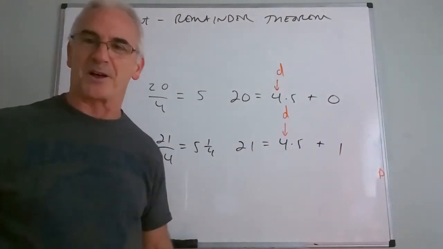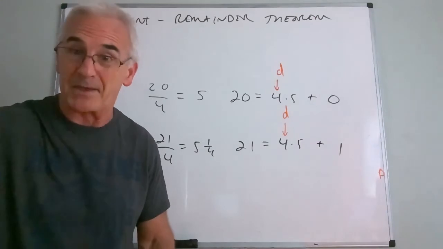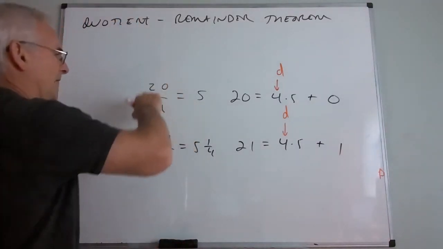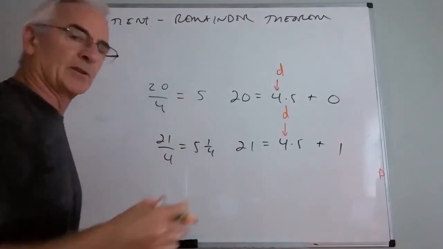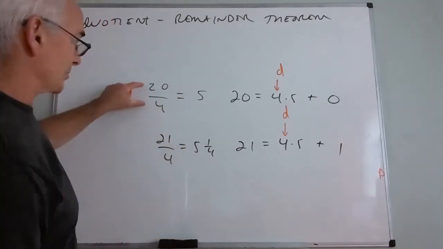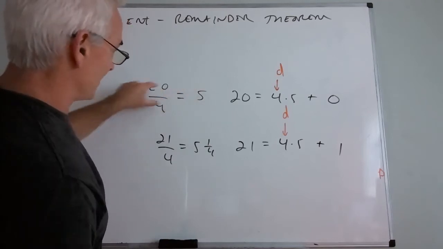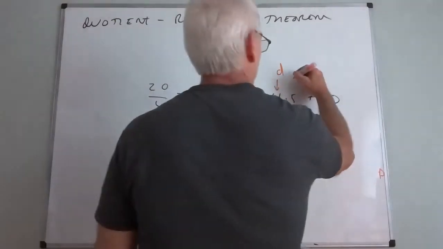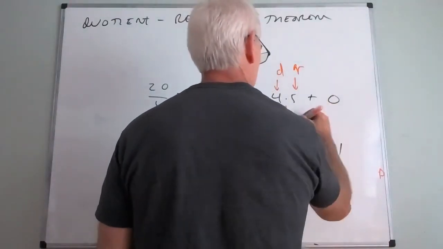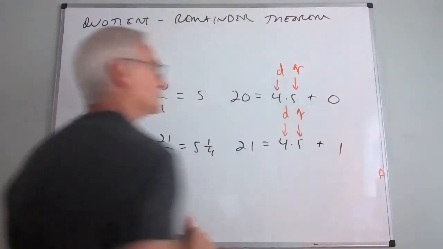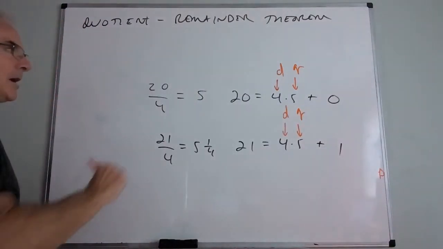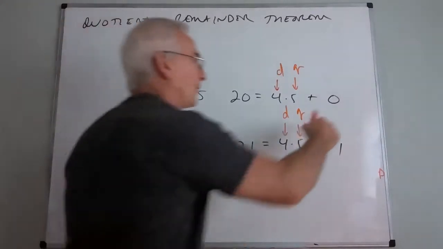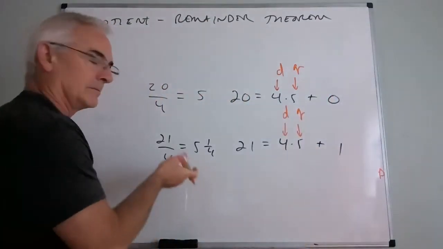My divisor and my denominator in this case are the same thing. I'm dividing by that number. What's 5? Well, if I said 20 divided by 4 equals 5, in simple English, 5 would be the what? Starts with a Q. Quotient. The quotient of 20 and 4. So we call 5 the Q in both cases. Now, I had nothing left over here, and I had 1 left over here. In each case, we call that number the remainder.